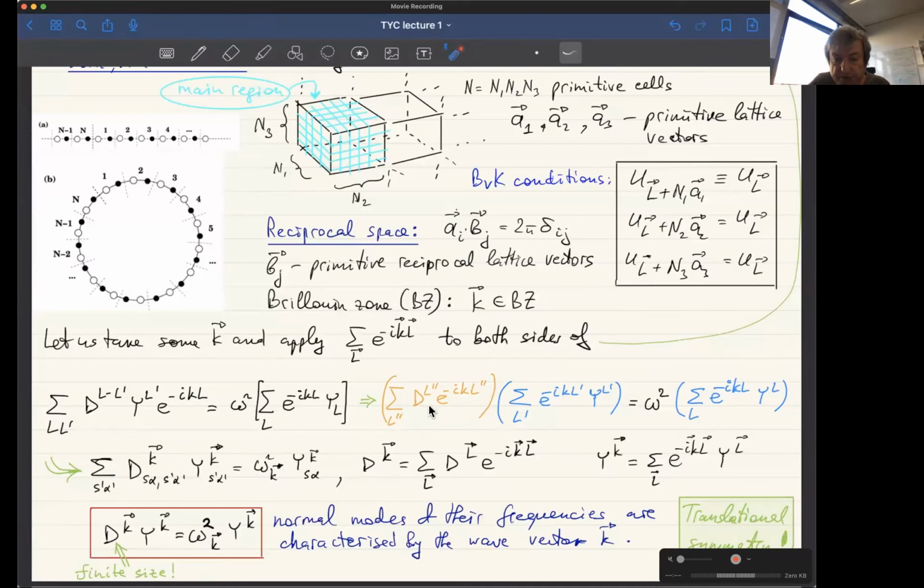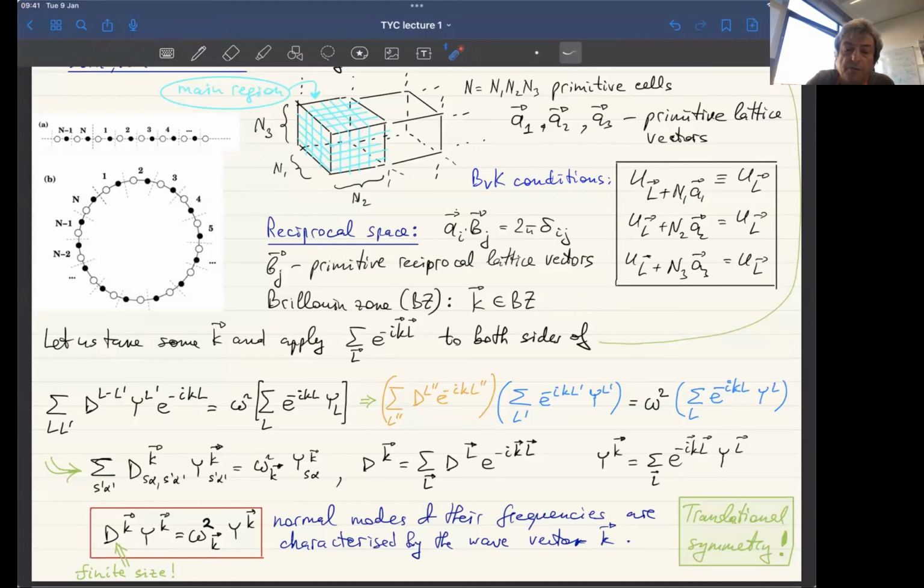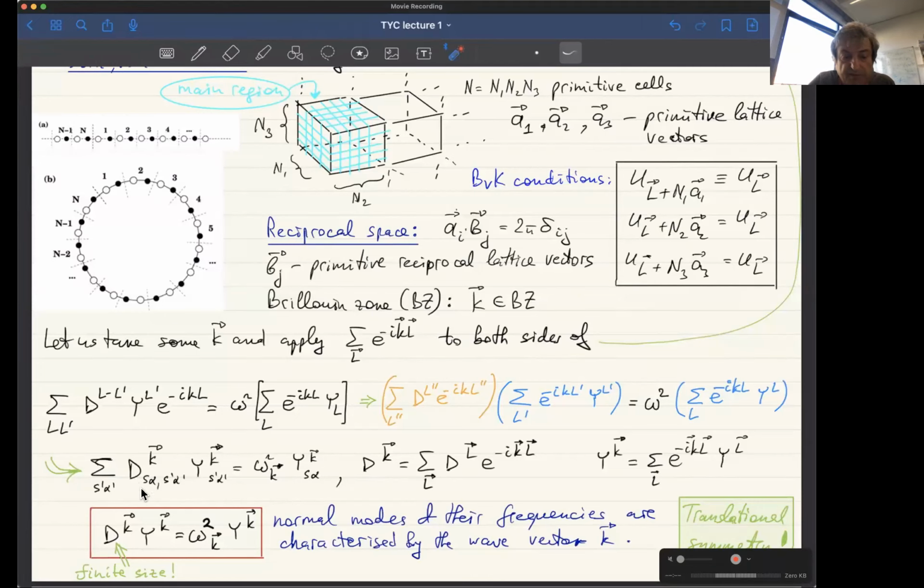However, this yellow matrix would depend on the vector k. So for each vector k, that whole object would only be indexed with the indices S and alpha. S and alpha are two indices which run only over the degrees of freedom within the unit cell, for example, the primitive unit cell or some extended unit cell. So this is a finite matrix D.